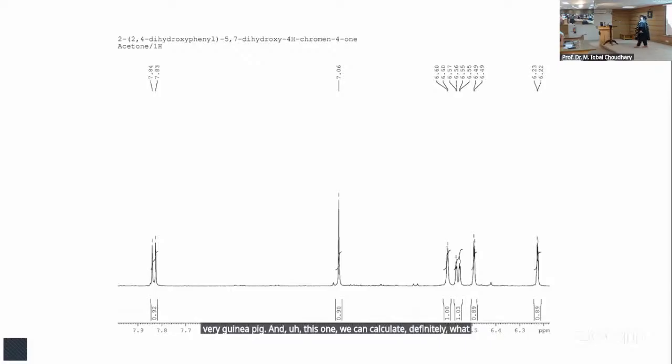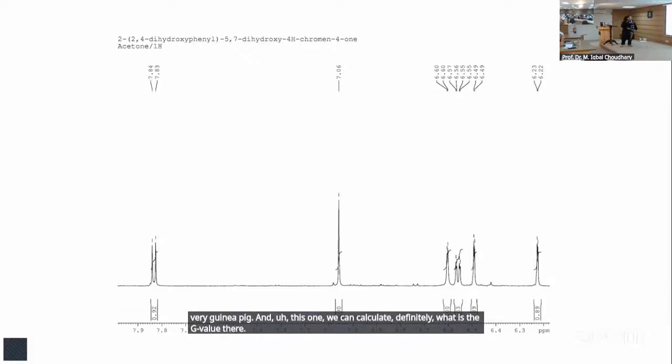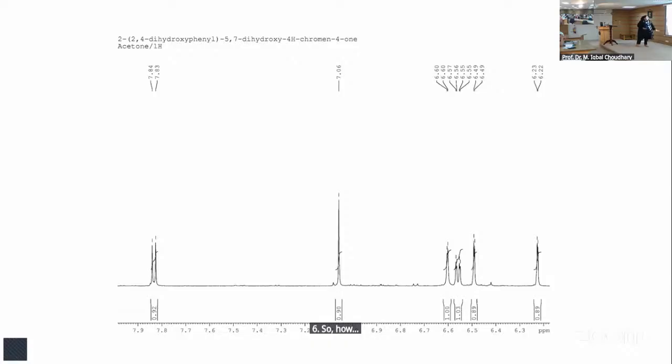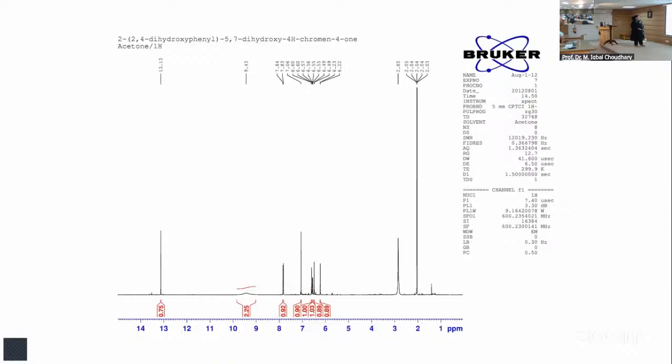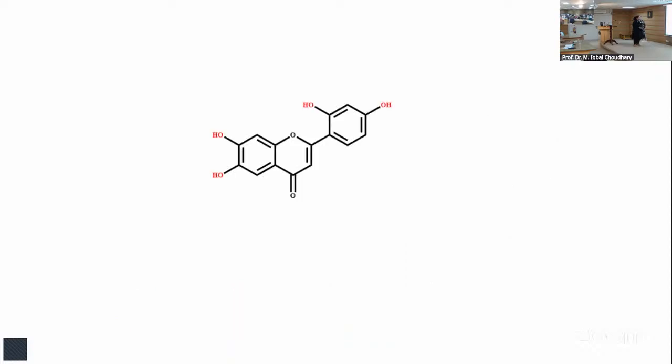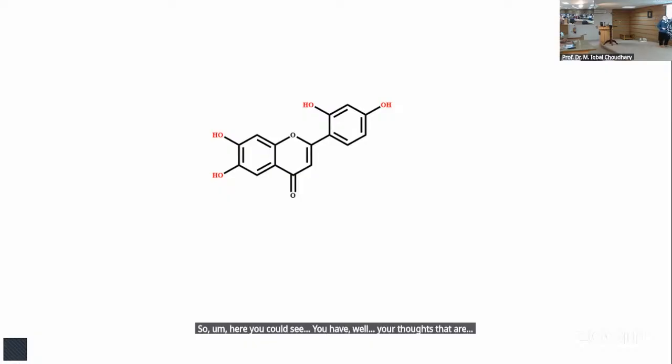What is the J value there? 6. So looking at this, here you could see you have protons that are para to each other, right?